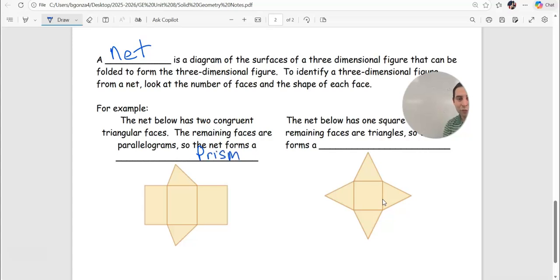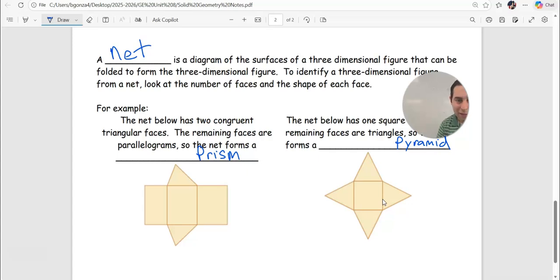Okay. So when the two bases are connected by rectangles, it's a prism. Now look, I have one base connected by a bunch of triangles. Remember, triangles are pointy. They make a pointy top. So that is a pyramid, right? So again, without holding it in your hand, you can just see a bunch of rectangles is prism, a bunch of triangles is pyramid, and now you just got to look at the base.